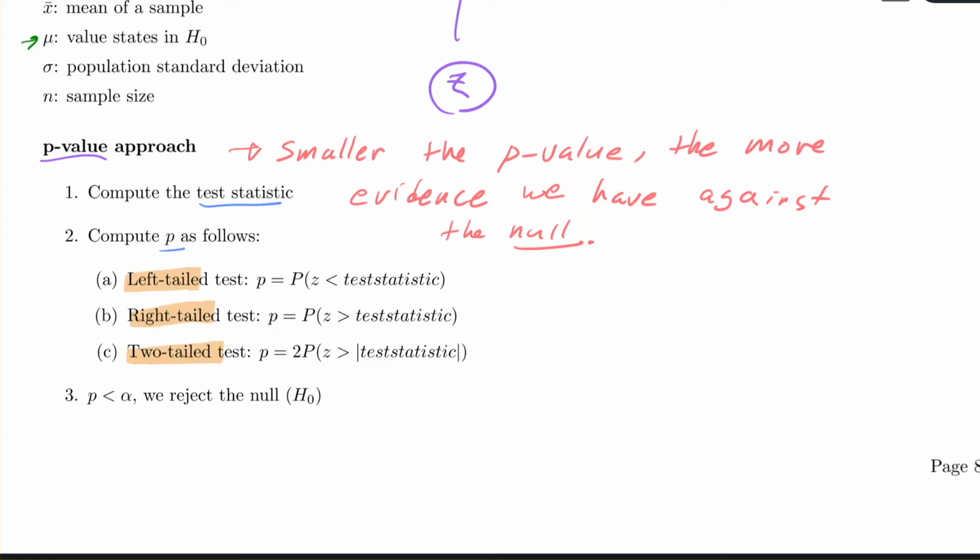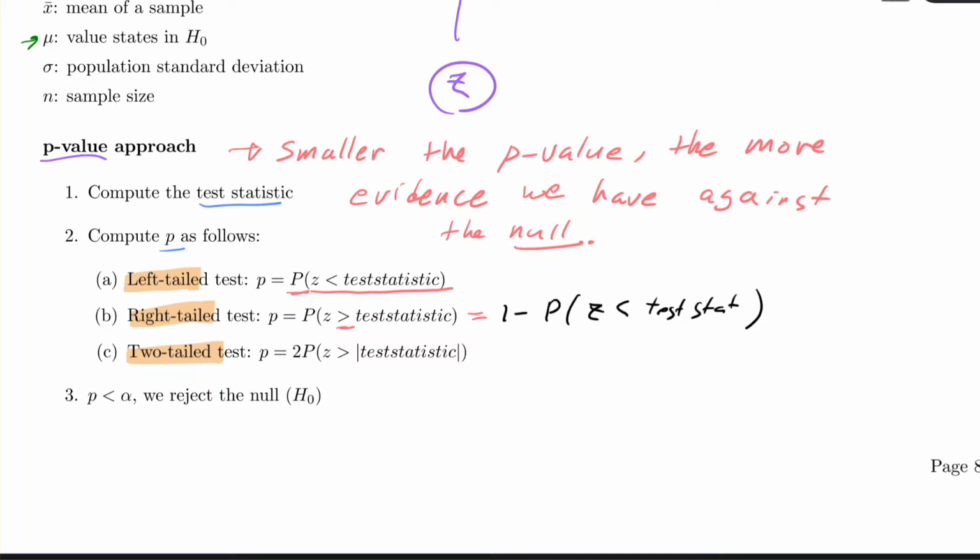If it's left tail, we just find the probability of z less than the test statistic, looking at the z table. If it's right tail, it's greater than, so it'll be 1 minus the probability of z less than the test statistic. Because it's the area on the right side, we have to do 1 minus the area on the left side, since the z table only gives us the area on the left side.